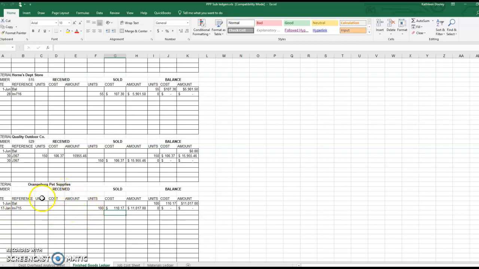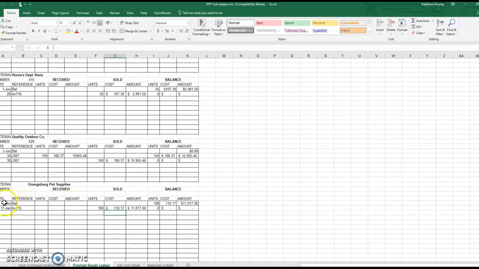These are the jobs that we received into the distribution warehouse. When they're completed on the factory floor, they come out of the factory floor and into the distribution warehouse. So these are what we received. Here's the sold section. This is what got shipped out of the distribution warehouse. And then we have a balance section.